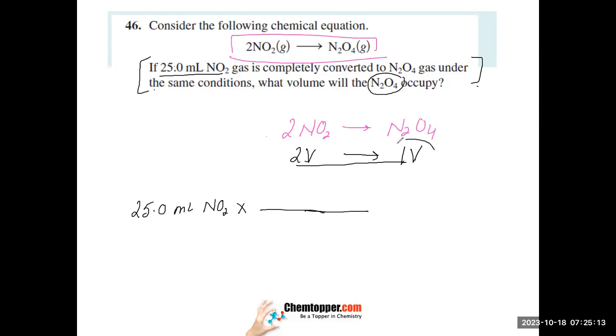N2O4. So keep 1 volume of N2O4 in the numerator and 2 volumes of NO2 in the denominator. What's the answer? 12.5 ml.